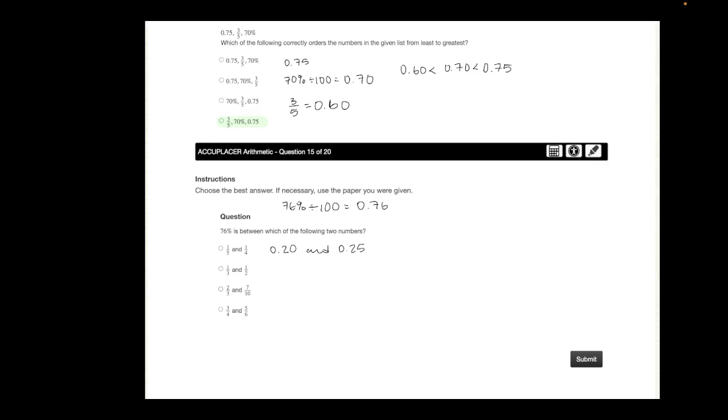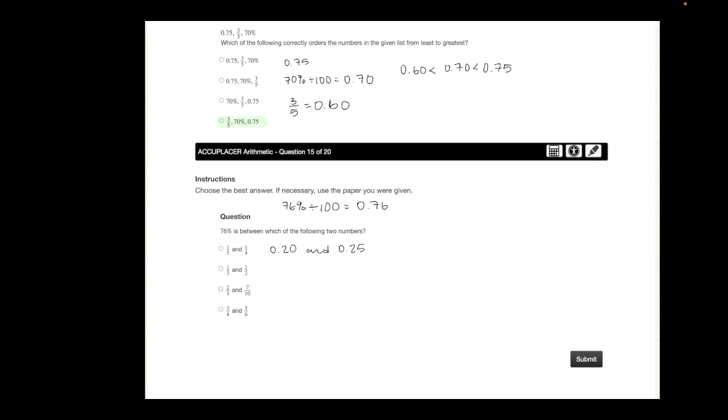Same thing with the 1/4. Think of one whole being 100, then 100 divided by 4 gives you 25, divided by 100, 0.25. That's the type of logic that we're using here.